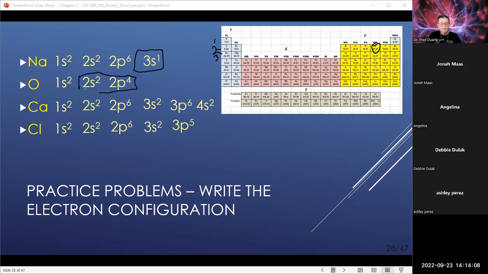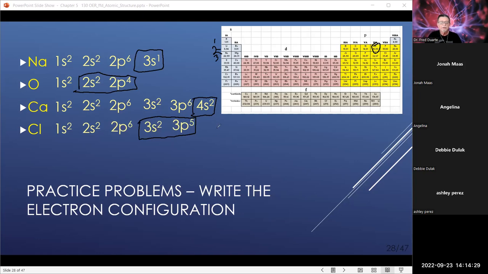For oxygen, it is the second energy level, and there are a total of 6 electrons in the outermost shell. For calcium, it is the 4th energy level, with 2 electrons there. And for chlorine, there are 7 valence electrons, 5 of them in the p, 2 of them in the s.